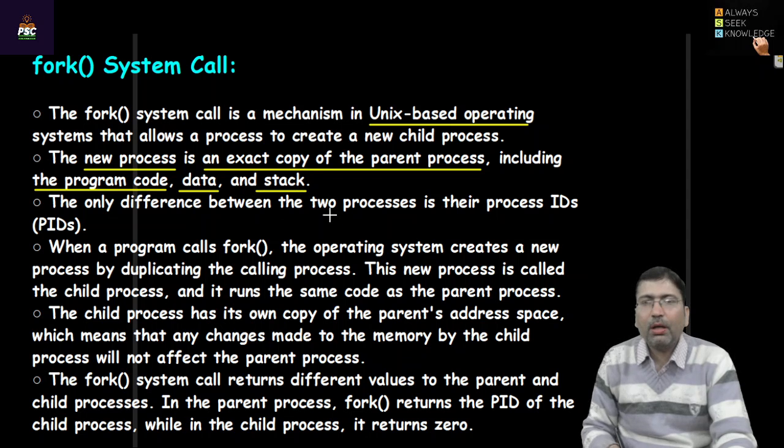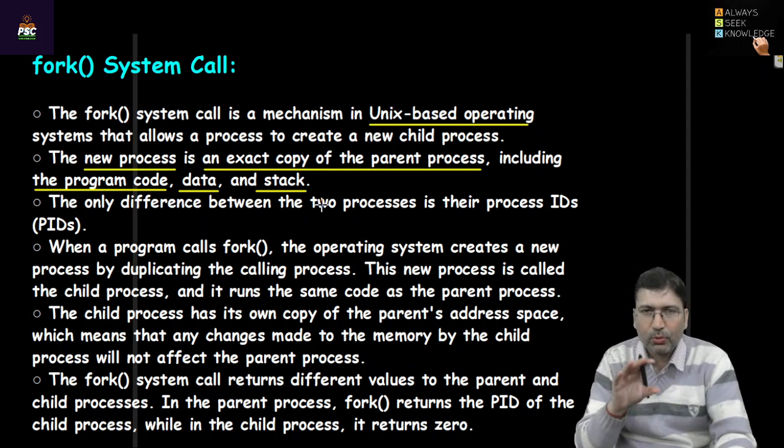I hope you must be familiar with all these things. Every process has these three things: the program code which we write, so the process executes that given code line by line; and when the processor executes an instruction, it requires some data, so that data block will also be copied.